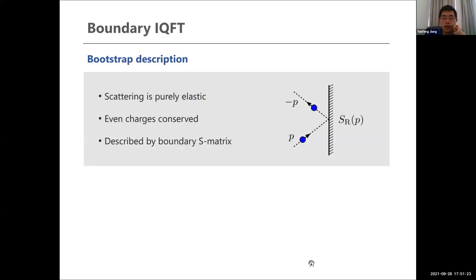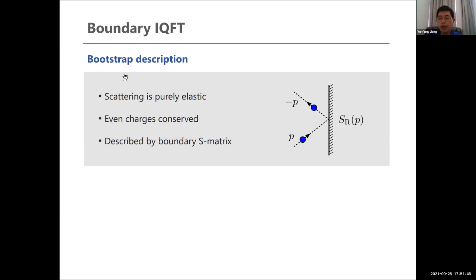And as I said before, if we want to compute things non-perturbatively, it's very convenient to use the bootstrap description. To this end, we need to change our mind and imagine the particle picture, where you have a lot of particles interacting with each other.